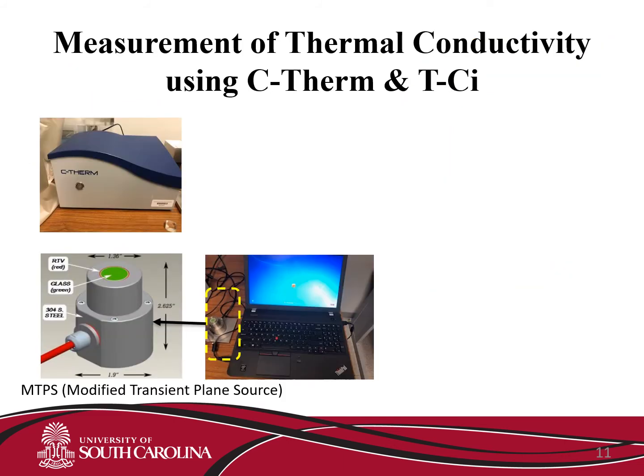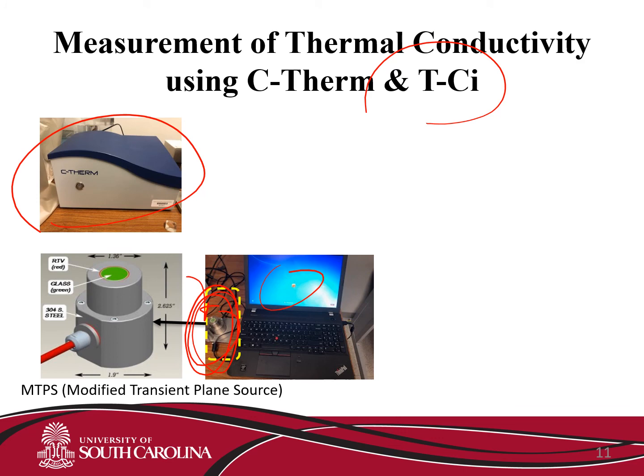There is another way to calculate the thermal conductivity by using the C-Therm. This is very fast, very straightforward. You don't need to worry about the T hot, T surface, thermocouples. You just need a C-Therm with a TCI, which is in LabVIEW inside. And this is the cross-sectional area of the device where we add the sample, which is called MTPS.